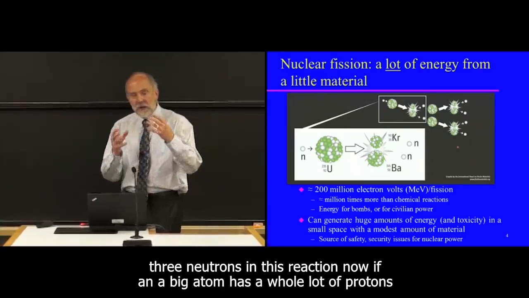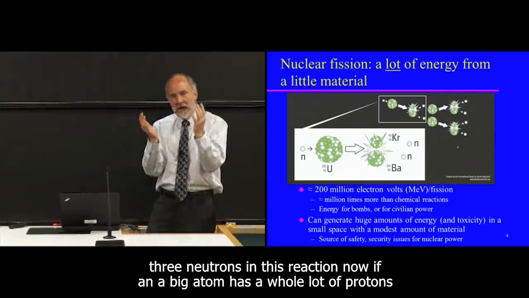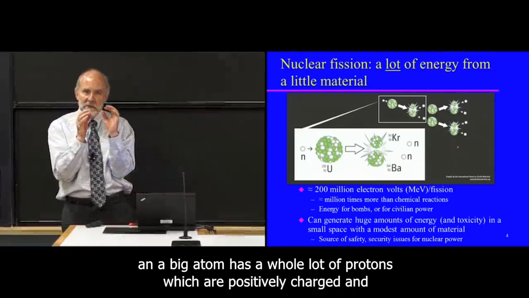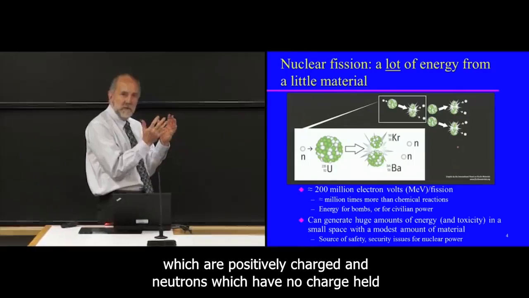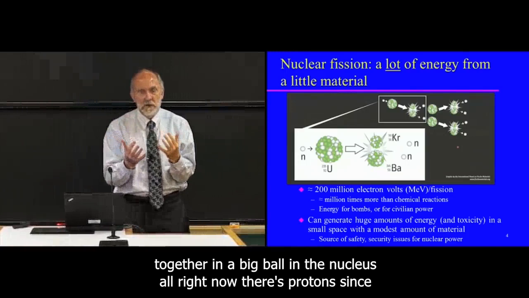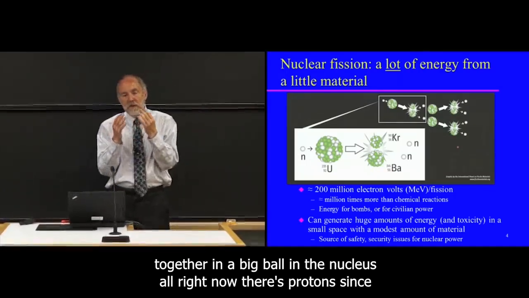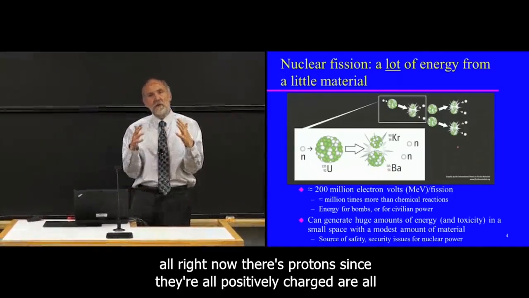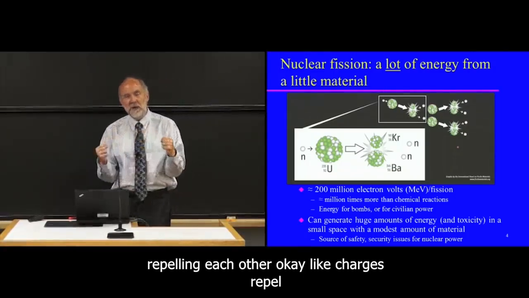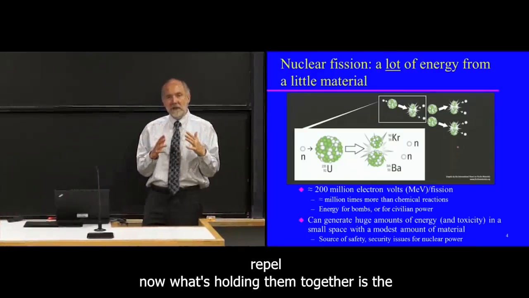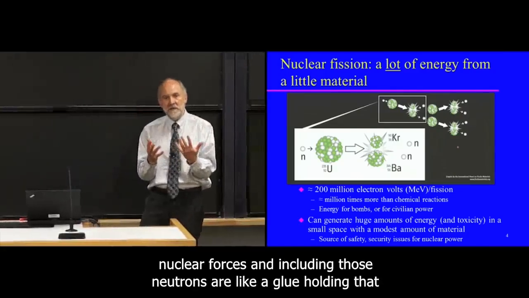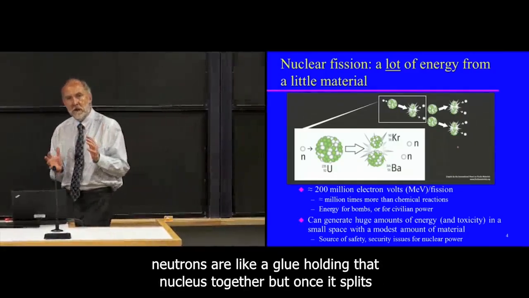Now, a big atom has a whole lot of protons, which are positively charged, and neutrons, which have no charge, held together in a big ball in the nucleus. Those protons, since they're all positively charged, are all repelling each other. Okay? Like charges repel. What's holding them together is the nuclear forces, the strong and weak nuclear forces, and including those neutrons are like a glue holding that nucleus together.